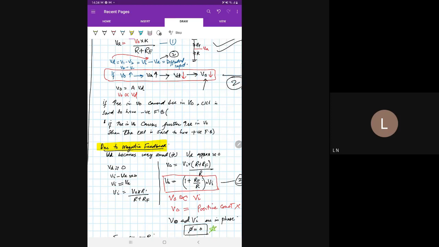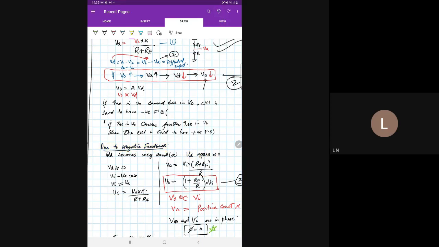When negative feedback is connected, we know that the differential input, the difference between the two inputs, becomes very small. So Vd is nearly equal to 0, or approximately equal to 0.